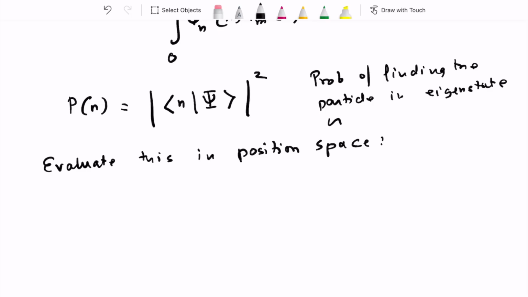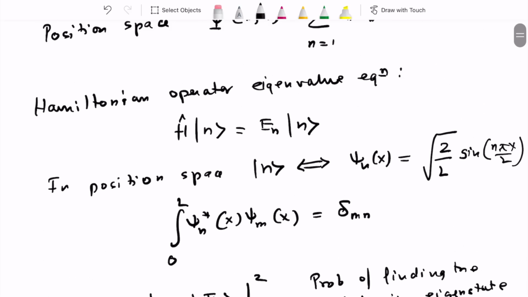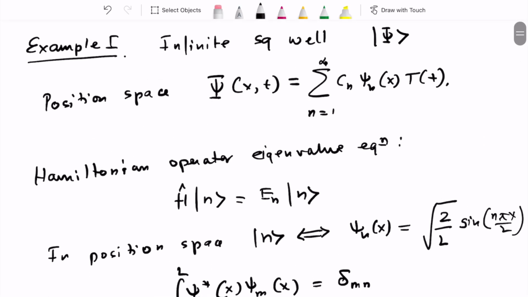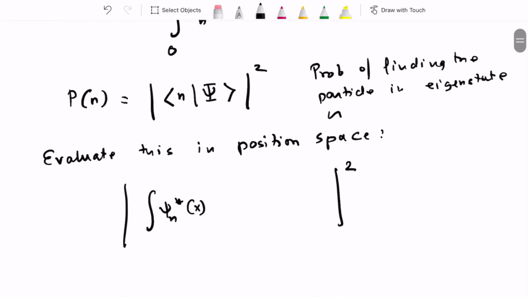So this dot product, I'm going to keep these bars outside. This dot product is just going to be the integral of psi n star of x, and then the psi, I'm just going to plug this in. So the psi is going to be the summation. I'm going to use a different index because n is a particular index that I'm interested in working with. The summation index, I'm just going to call it m.